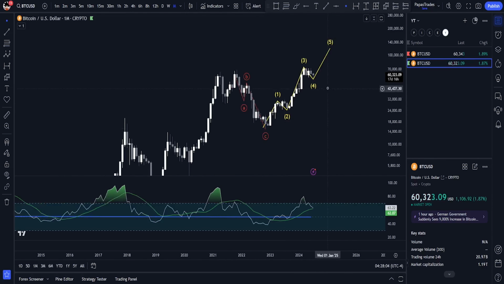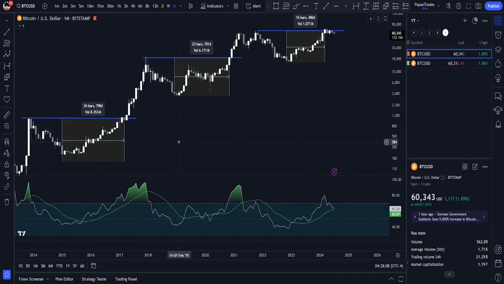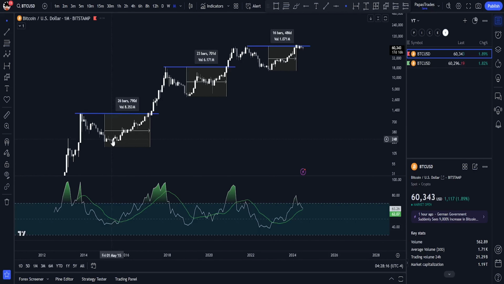Now moving on, the next chart we'll be looking at is the 4-year cycle and what has happened from the bottom to breaking out of the cycle. We can see here that in the earlier cycle, Bitcoin took roughly 790 days from the bottom to break out of the previous cycle high, and in the next cycle it took 700 days.